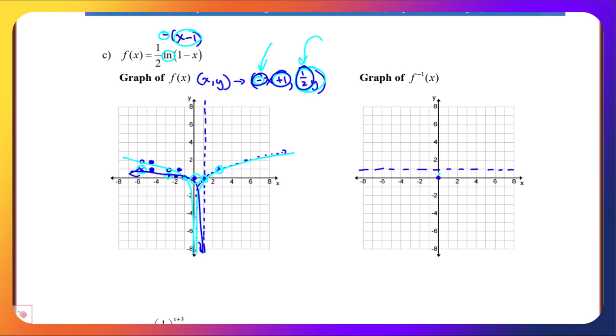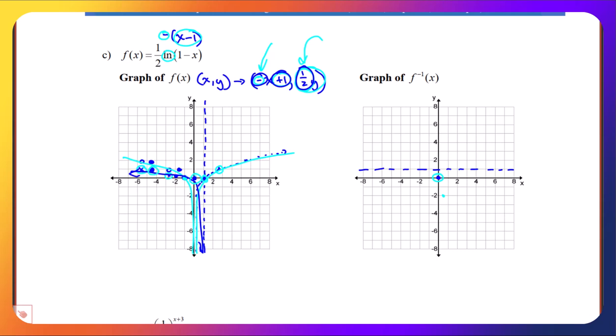0, 0, switch the x and y, it's 0, 0. If I take a look at this point, negative 2, and then a fraction, a half. If I go a half, and then negative 2.